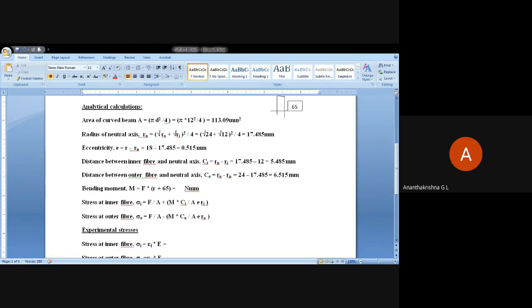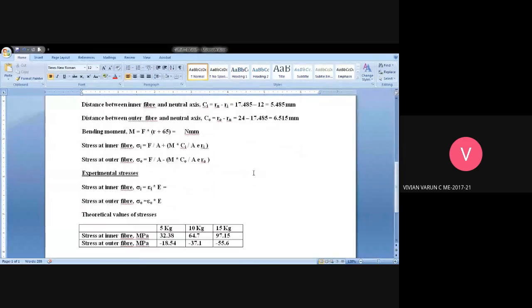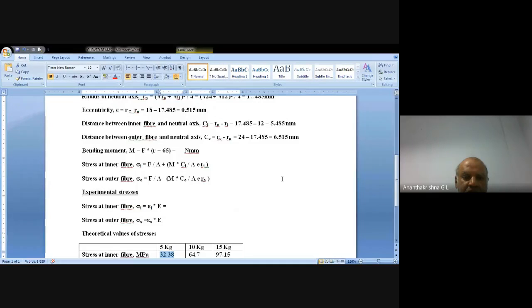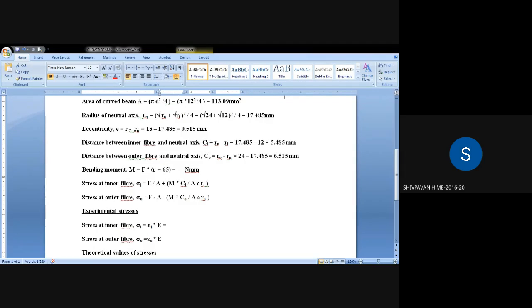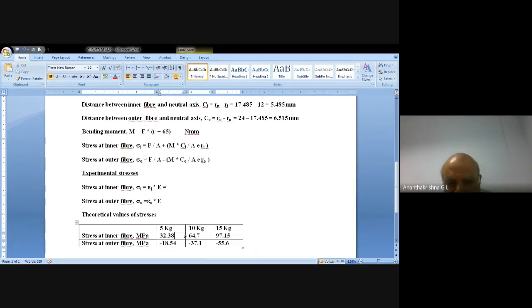Finished calculating? So doing outer fiber. Please check whether you are getting 32.38. Yes, sir. For 5 kg, it is 32.38 at inner fiber. Outer fiber is minus 18.53. So for 10 kg, it is 64.7 and minus 37.1.